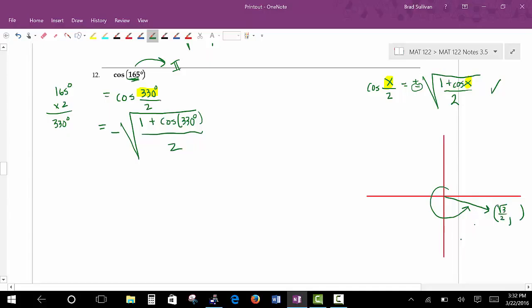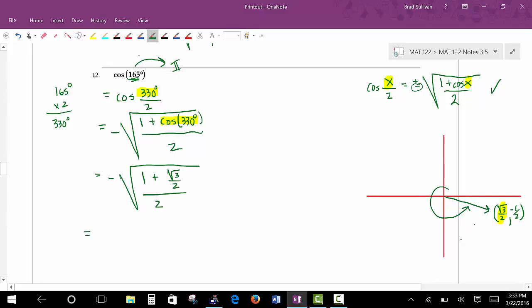The y value is down as little as possible, so that's negative 1/2. That's the way I think of that. So the cosine of 330 is going to be equal to that x value. So when we plug this in our next step, we're going to have negative square root of 1 plus the cosine of 330, which is square root of 3 over 2, all over 2.